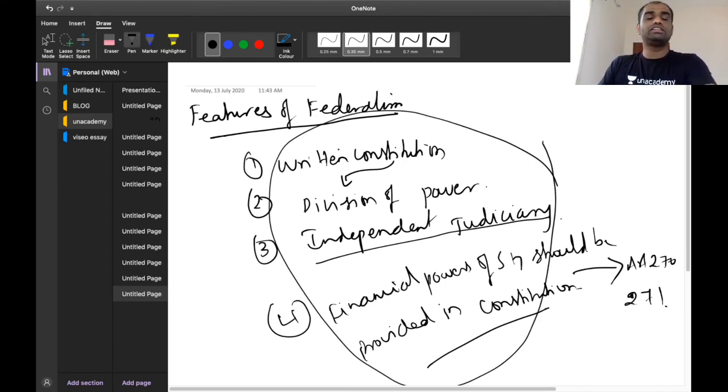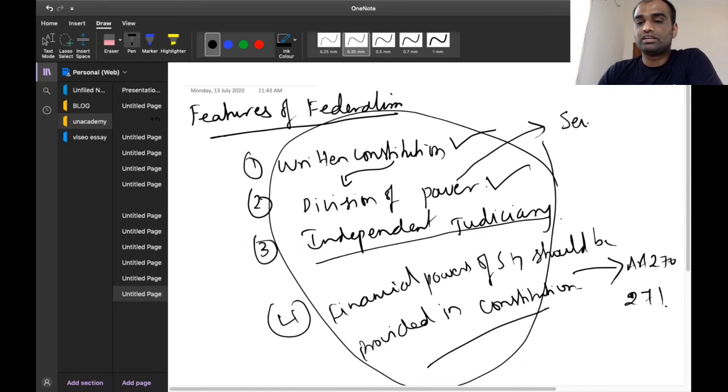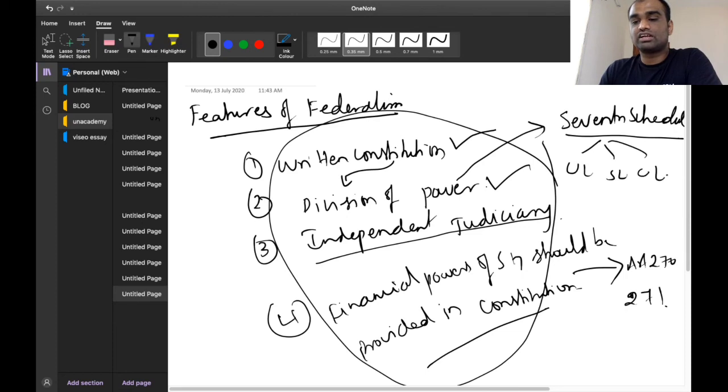Now take a look at all these features of federalism. Do you think all of these apply to India? Look at the first provision, written constitution. It applies to India as well. Division of power, yes, it applies to India. Division of power is provided in the 7th Schedule, which demarcates a number of areas into the union list, state list as well as concurrent list.